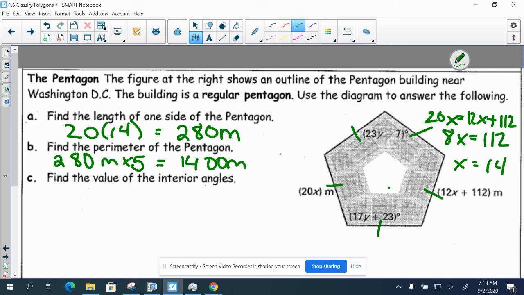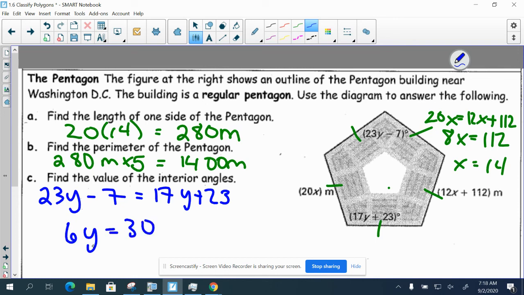And then find the value of the interior angles. The same thing, if the angles are congruent, you can set these two expressions equal to each other. So 23y minus 7 equals 17y plus 23. So this would be 6y is 30, y is 5.